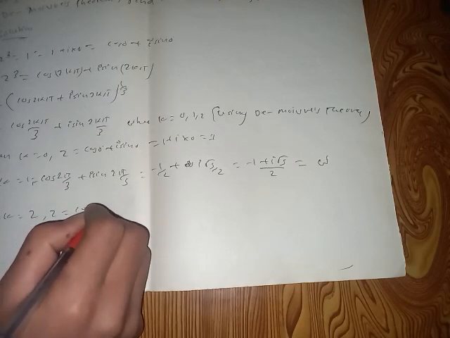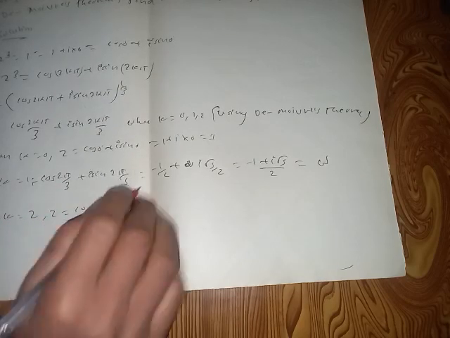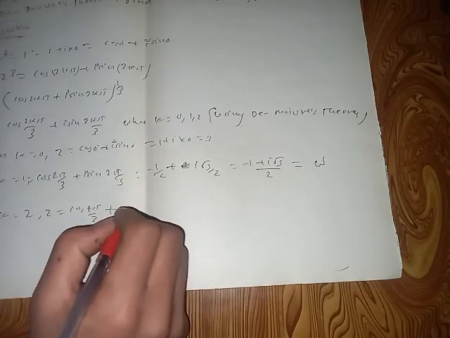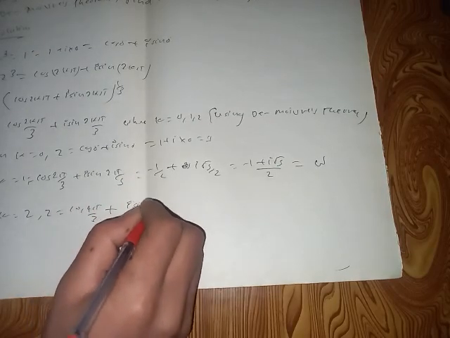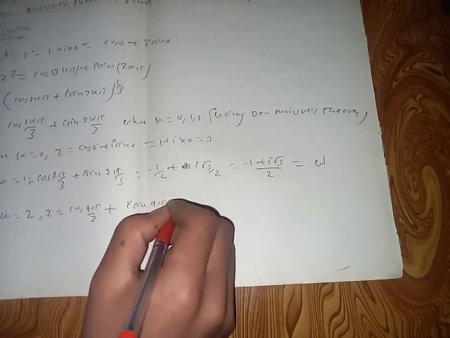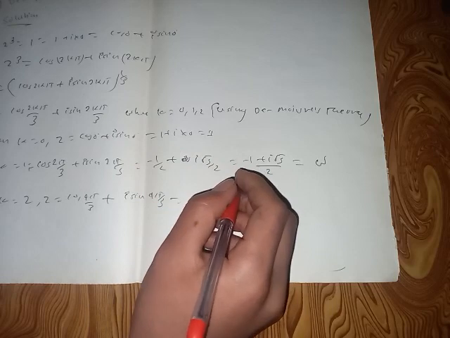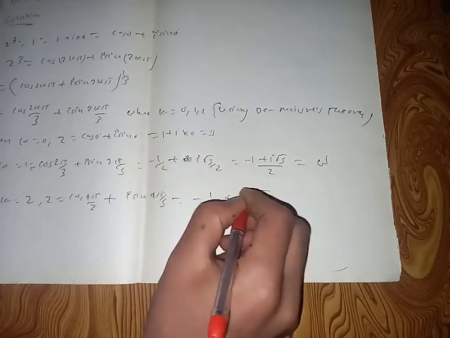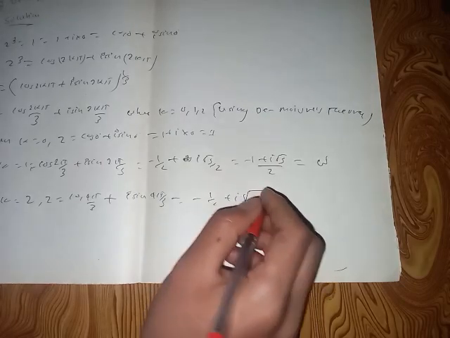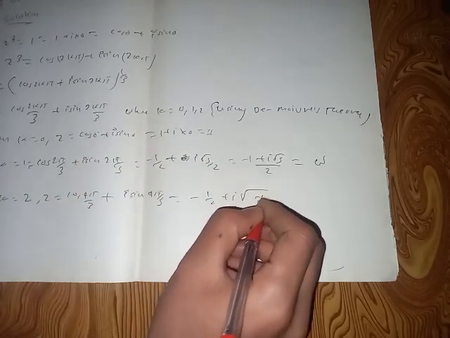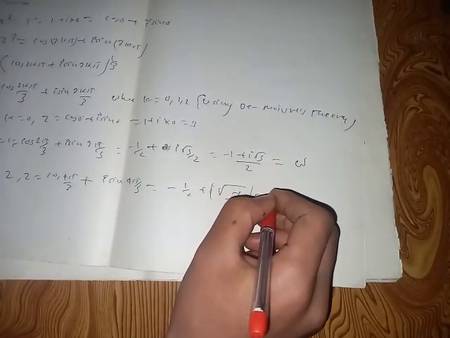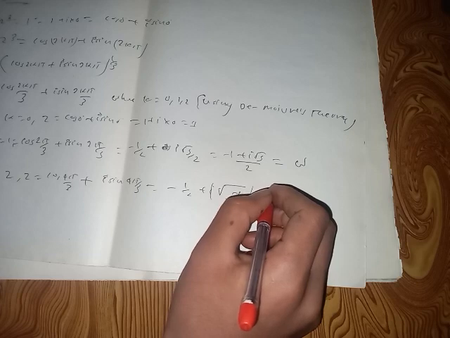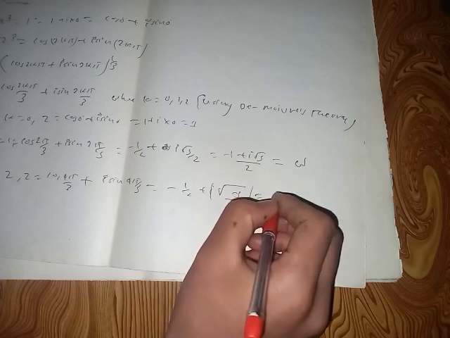Another, when k is equal to 1, placed in cos 2kπ/3 plus i sin 2kπ/3, then the value of z is equal to cos 2π/3 plus i sin 2π/3, which is equal to minus 1/2 plus i √3/2.